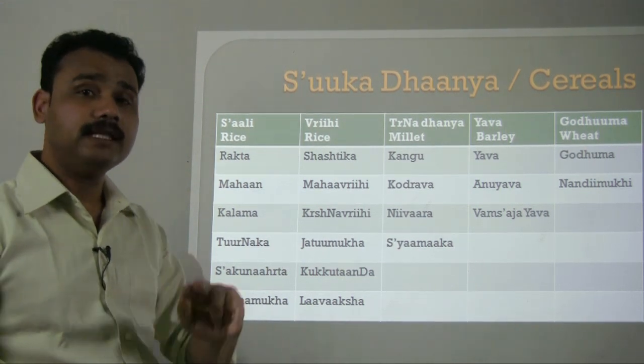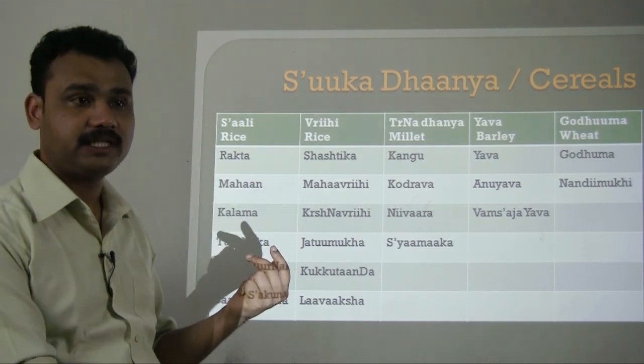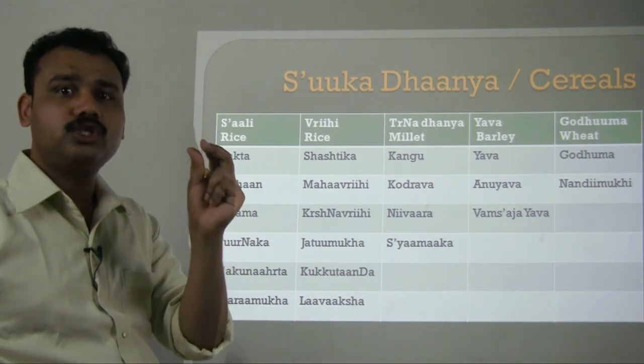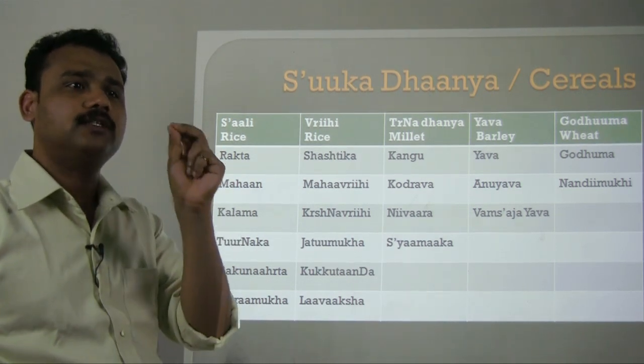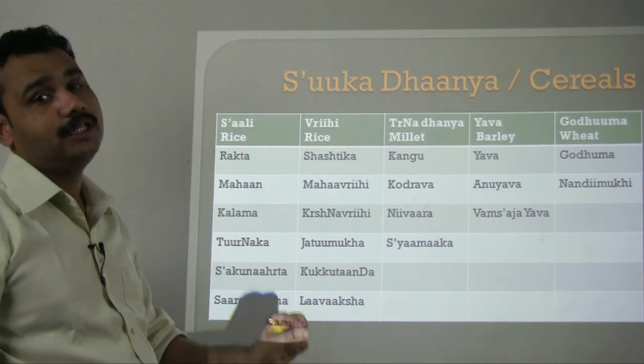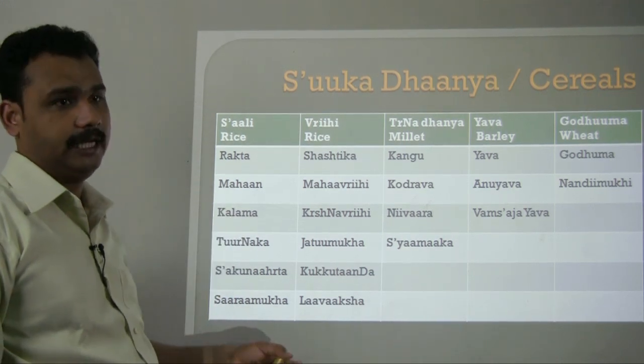And Shimbi Dhanya are usually legumes. They usually fall into the Leguminaceae family botanically, and they have a specific kind of fruit known as pods, which has beans or legumes inside. So these kinds of grains are known as Shimbi Dhanya, which we see in the next slide later.